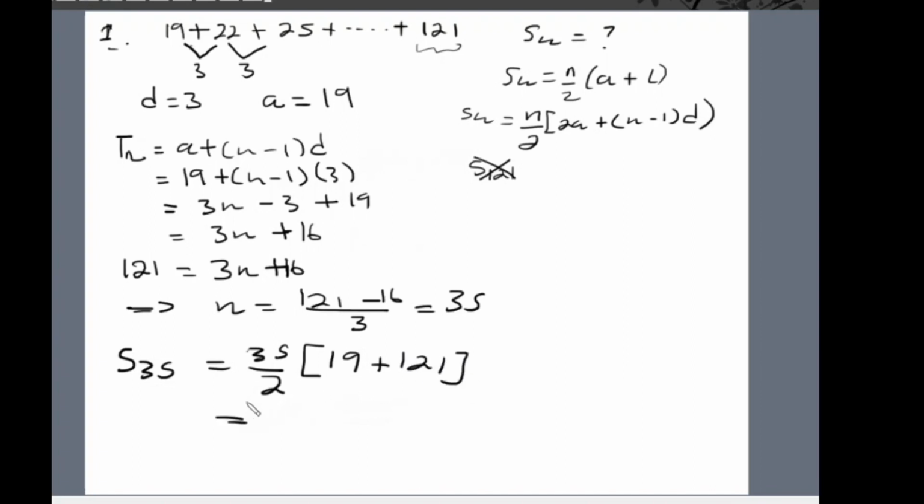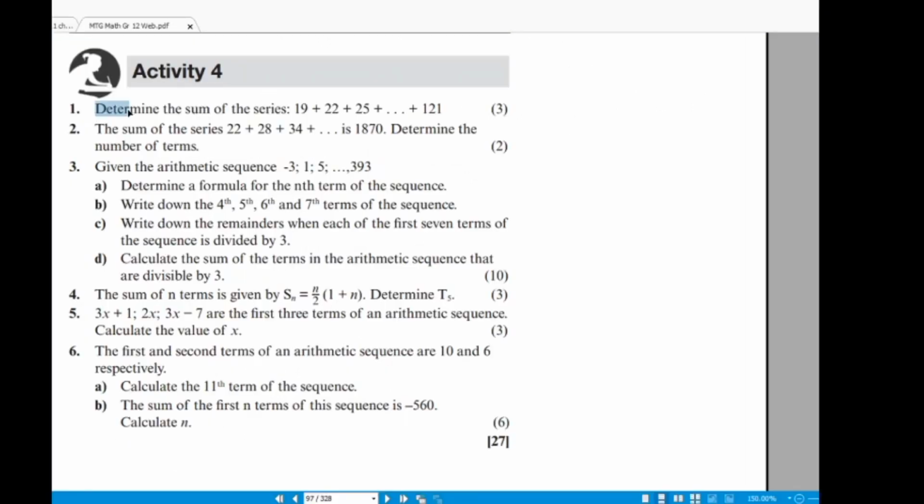S35 is 35 over 2 times 19 plus 121, which equals 2450. So that is the solution to question 1.